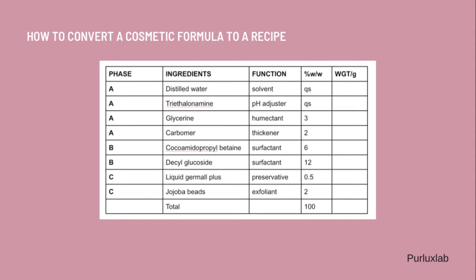And so that is why we always represent the use level of pH adjuster as QS, because you need to add the right amount for you to be able to achieve the pH that you want to achieve, and this amount is not always constant. So this is why I have represented these two ingredients as QS in this formula.